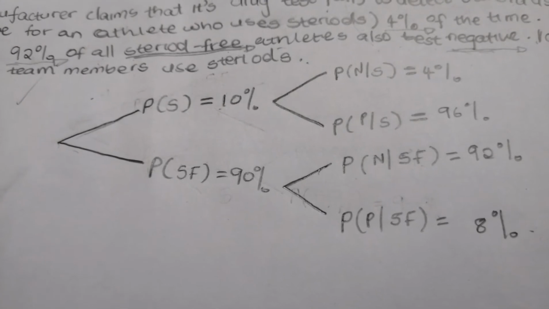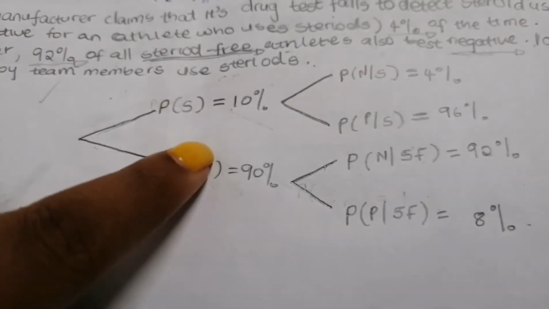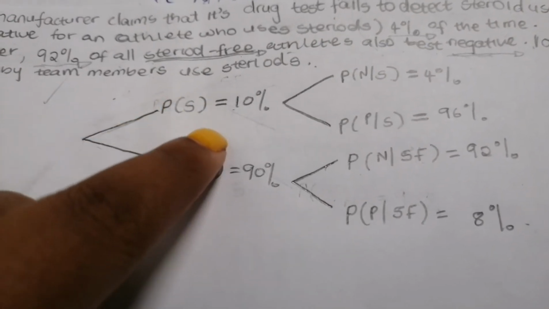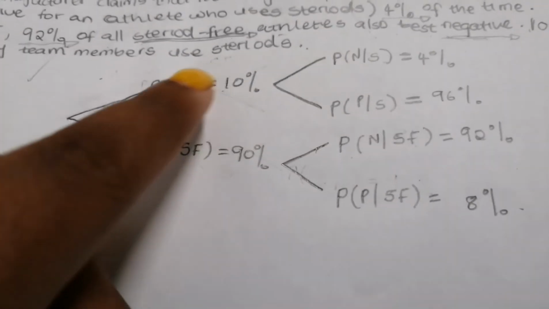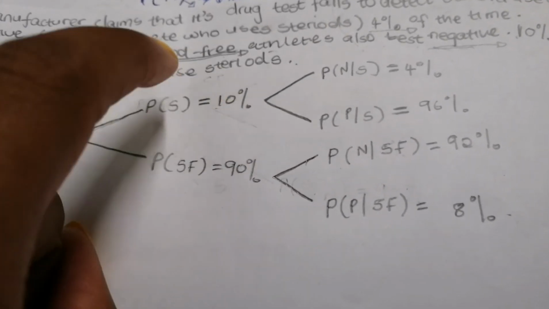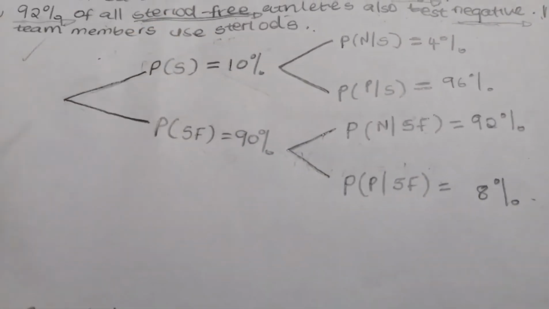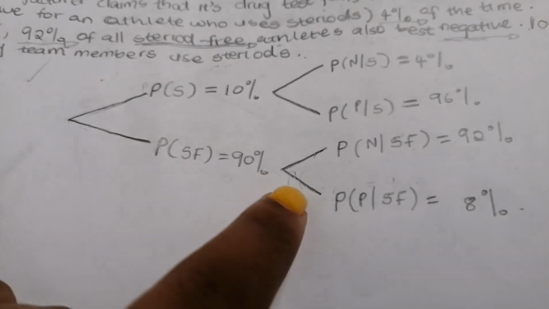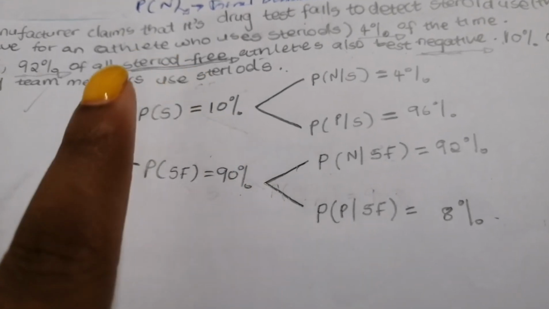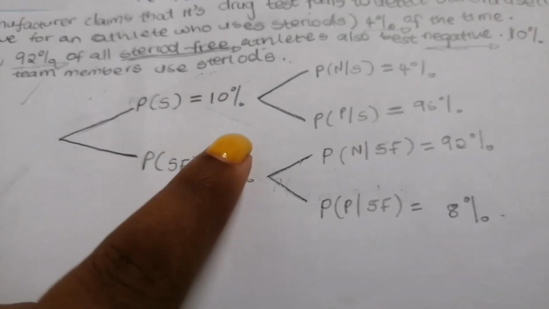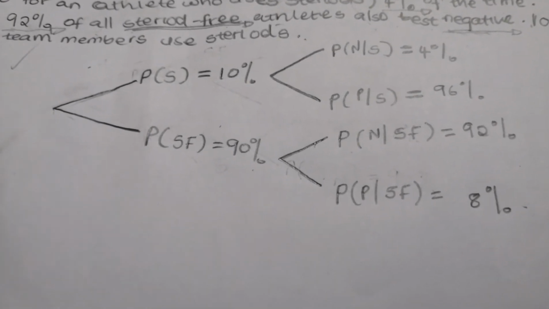So they told us that 10% of the rugby team members use steroids. So the probability of people who are using steroids is 10%. That's why we have P(S) 10%. The S stands for steroids. So if 10% of the team uses steroids, it means that the rest are steroid free. They are not using steroids. So we said 100% minus 10%, or you can write these in decimal form.